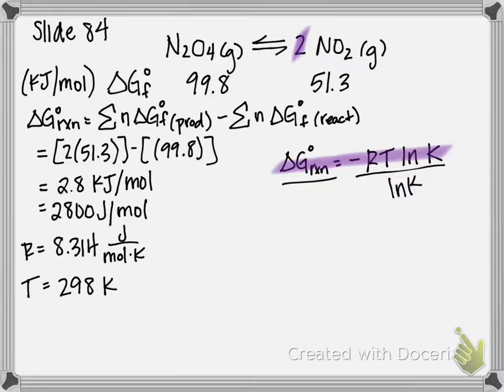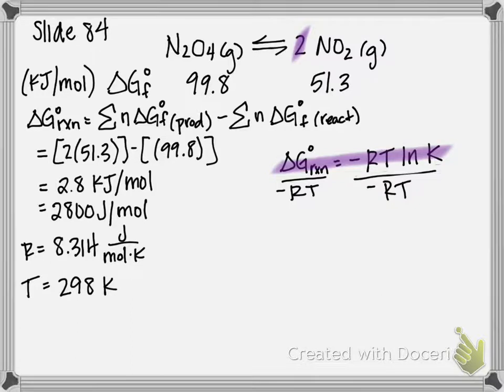Actually, strike that. I don't know what I was thinking, because I really don't want ln of K in the denominator. I'm going to divide by negative RT, both sides. There we go.